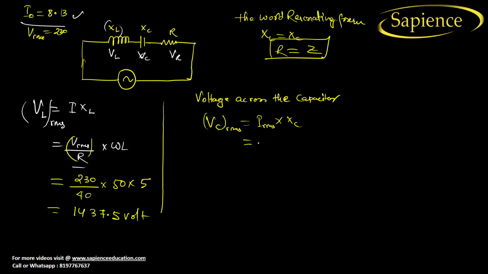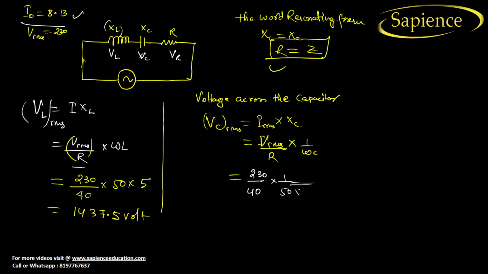IRMS is VRMS divided by R. Again the same condition, so I am writing R into XC, which means 1 by omega C. Just put the values: 230 volt divided by resistance 40, into 1 by omega C.